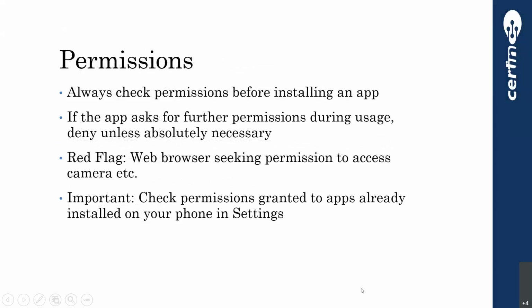And just some best practices to note about permissions. You should always check the permissions before installing any applications. So most of the times while installing nowadays, you'll see only basic permissions like accessing the internet or accessing your time zone or some basic permissions like that on the install page itself.